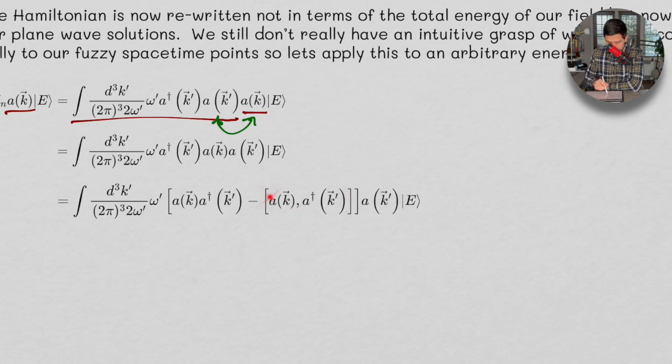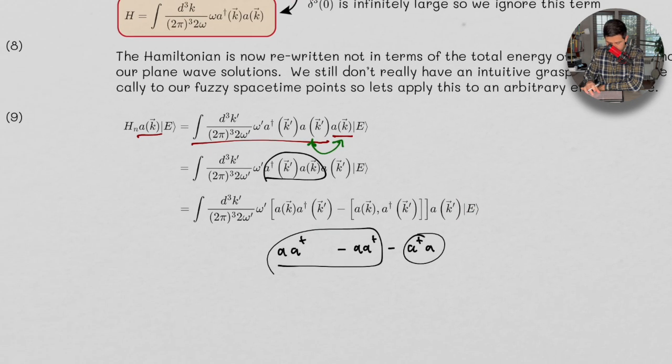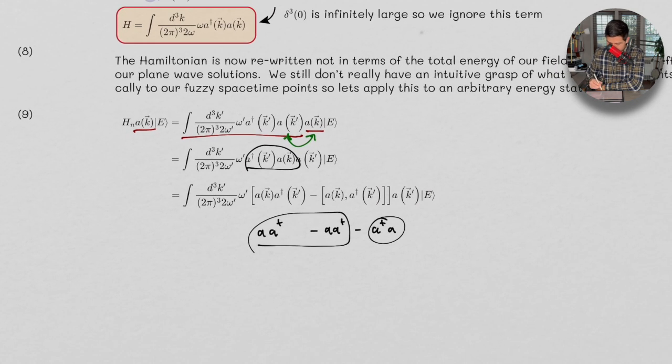Because this is A A dagger minus A dagger A, and we're going to subtract that from A dagger A, these two guys are going to cancel, and we get the A dagger A right there. And so we get this right here for our Hamiltonian.